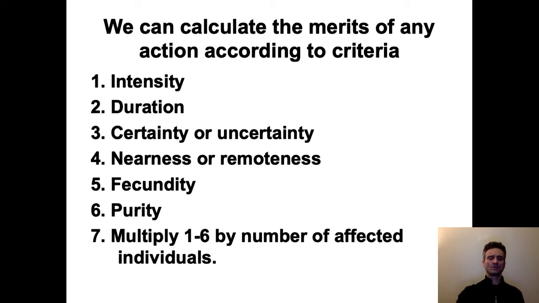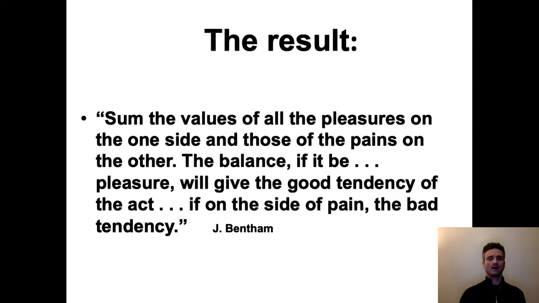So what happens when we do this calculus? Well, obviously, according to Bentham, we have to sum the values on the one side, the pleasures, and on the other side, the pains. Now, you see where this is going, right?